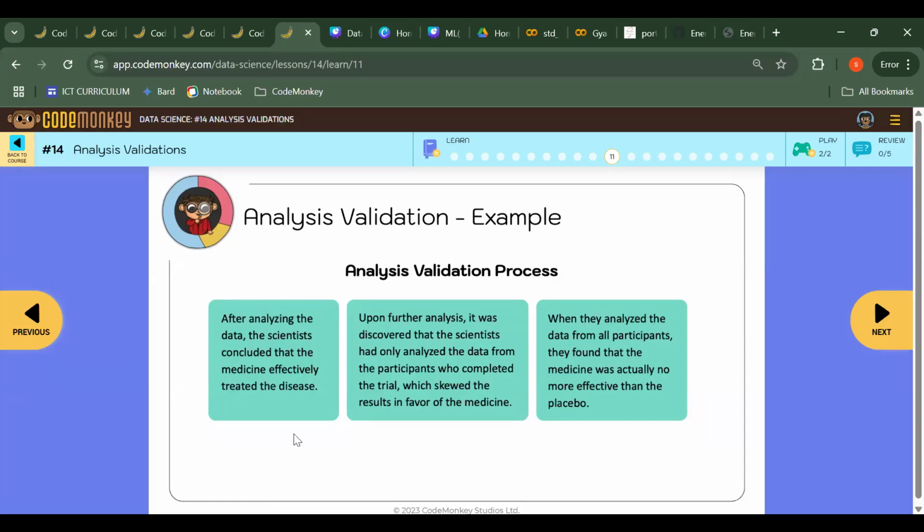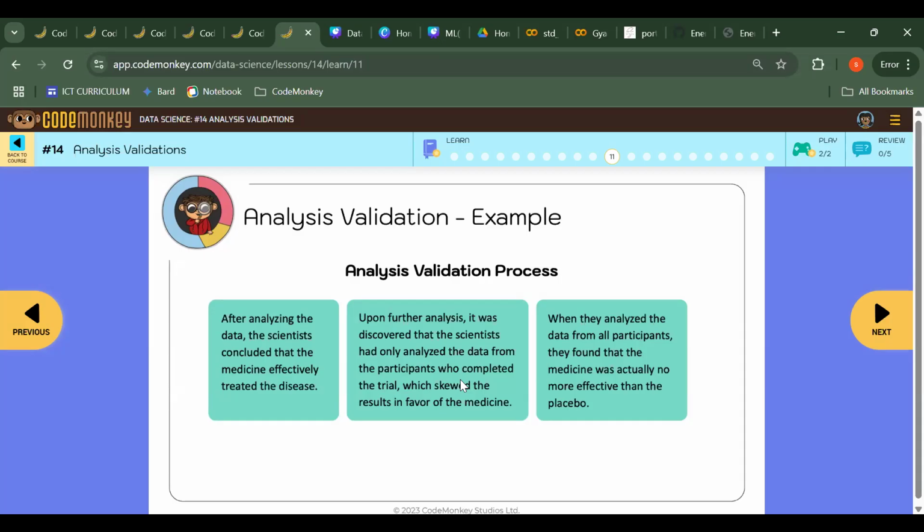After analyzing the data, the scientists concluded that the medicine treated the disease. After evaluating, they concluded that the medicine works. But they made mistakes.